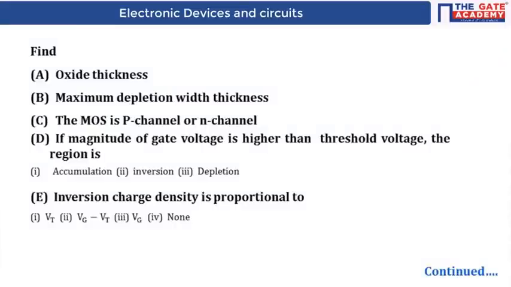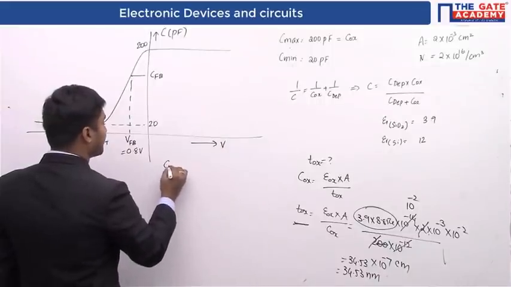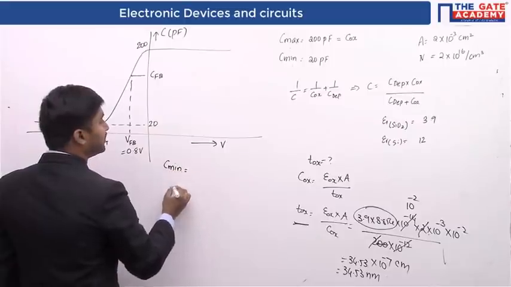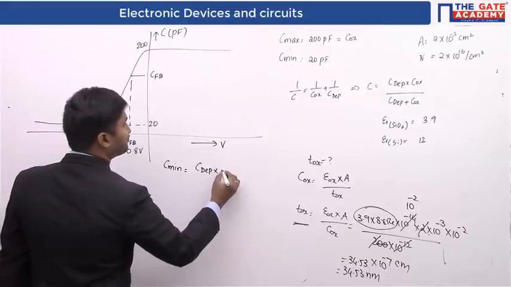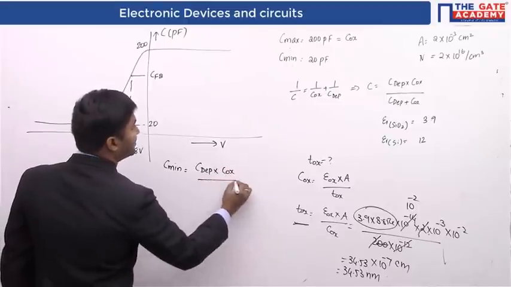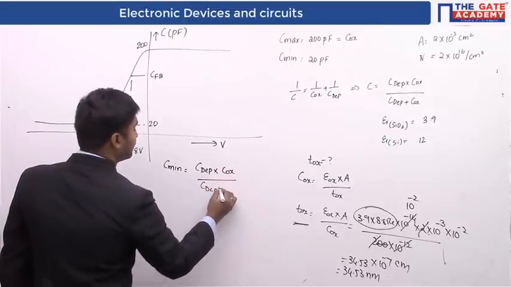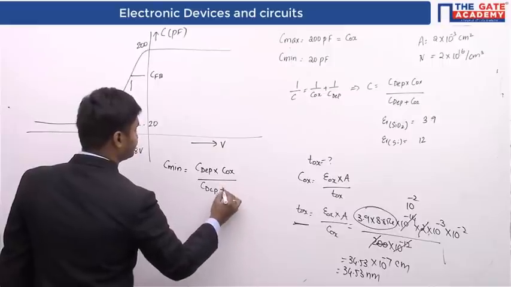The second part of the question is that we have to find out the maximum depletion width thickness. Here, the minimum capacitance is given already. The minimum capacitance is C dep multiplied by COX divided by C dep plus COX.